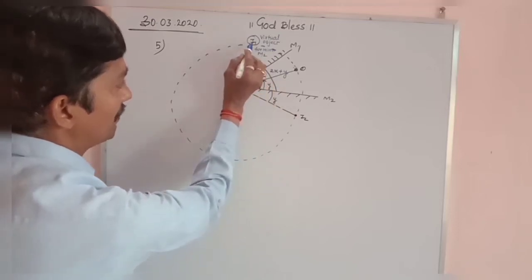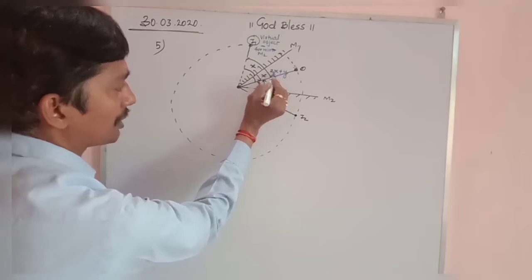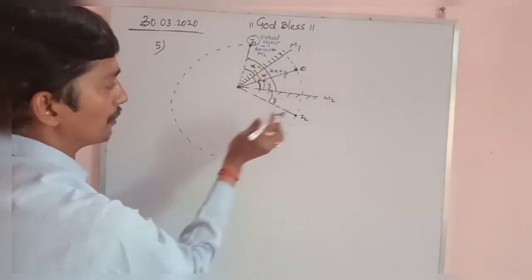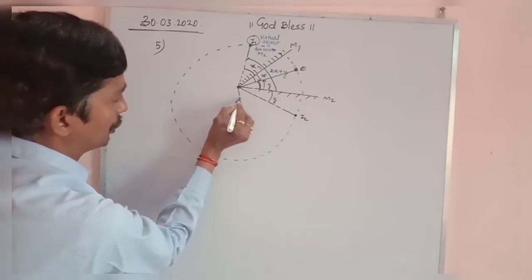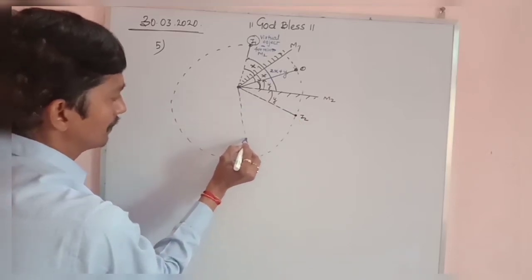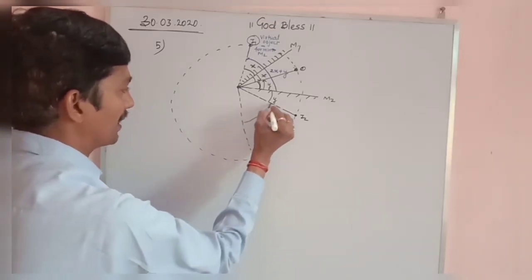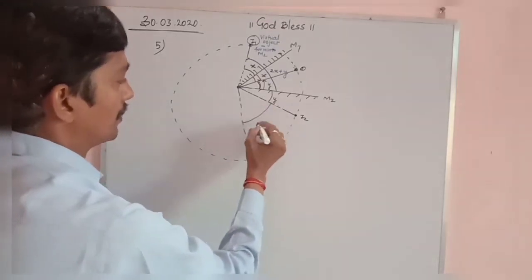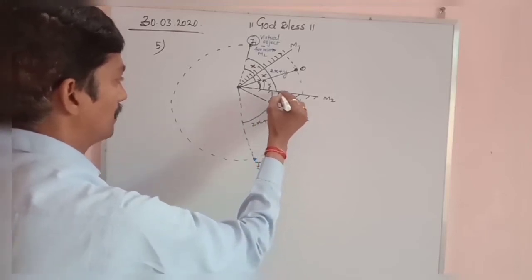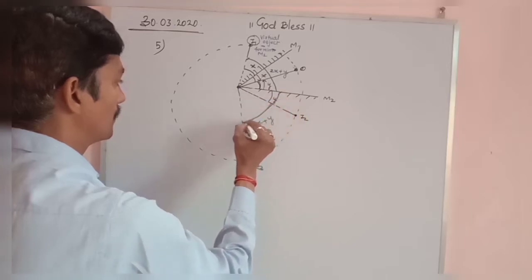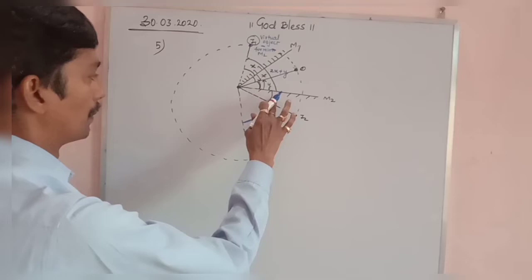So I1, which is now the virtual object for mirror M2, is at 2x plus y degrees from M2. So here M2 will form its image, I will call it I3, at 2x plus y from mirror M2. I hope it is clear.